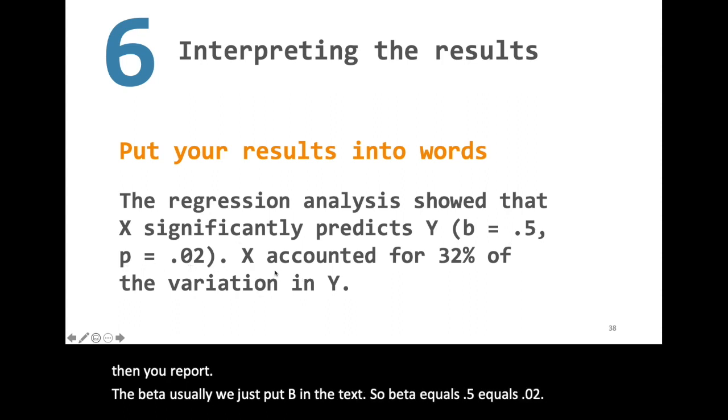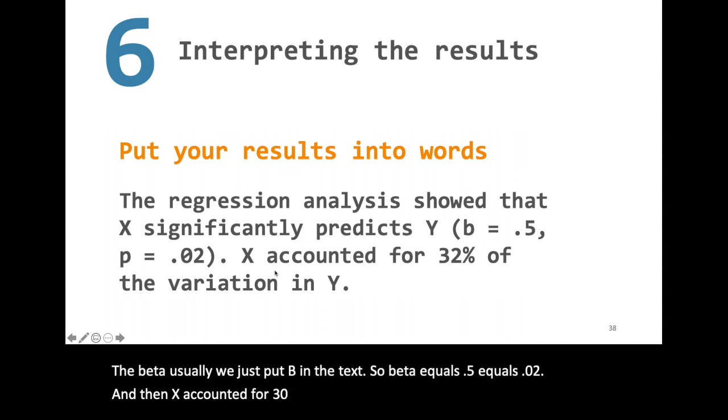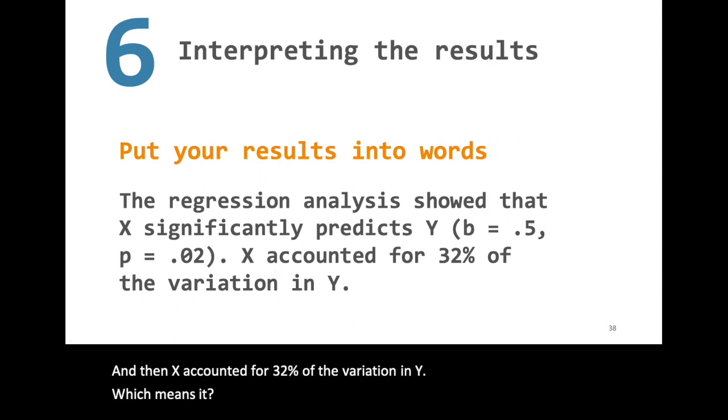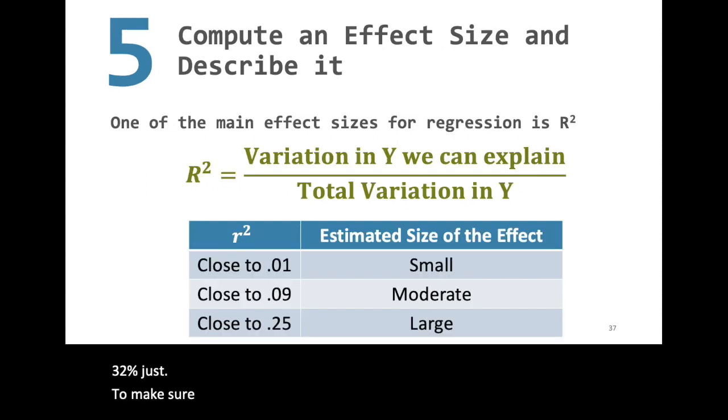And then x accounted for 32% of the variation in y, which means that that's a pretty good amount. It's a large effect. 32%, just to make sure we're okay with that, is 0.32. So it's above large.